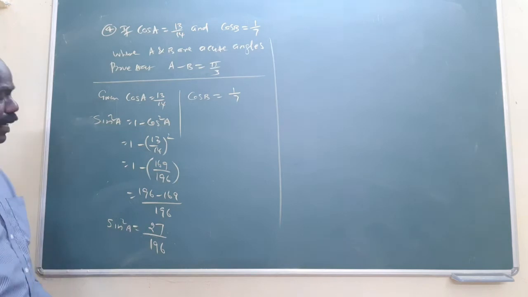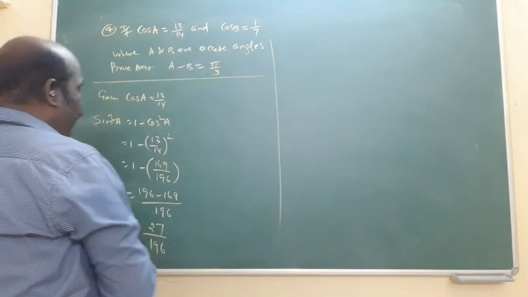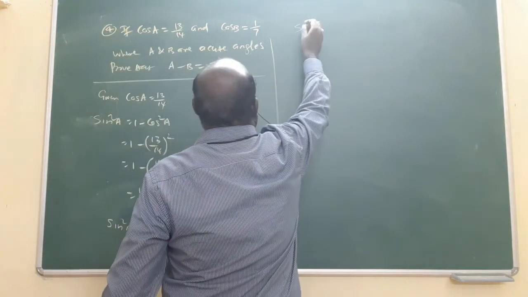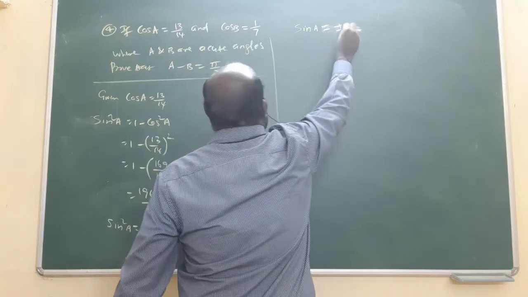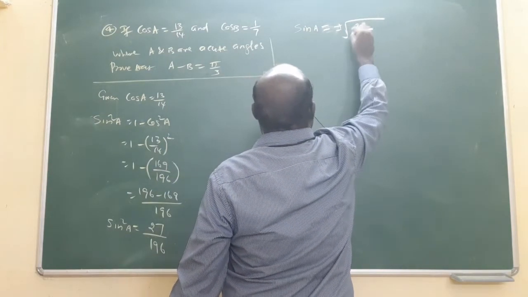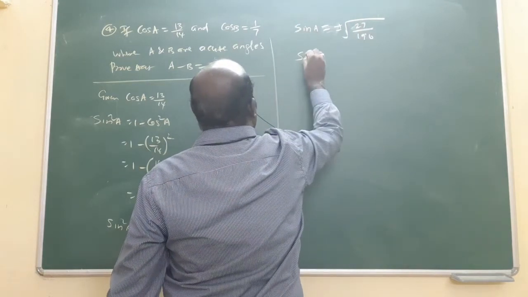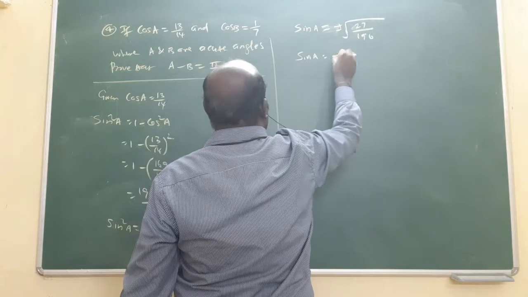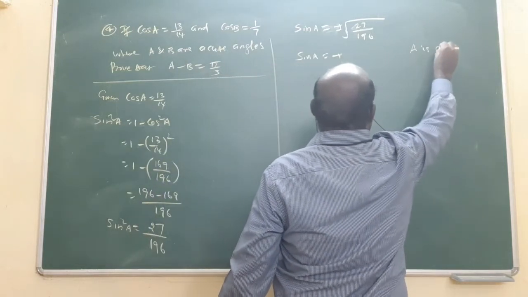We want sin A. But sin A is equal to plus or minus root of 27 by 196. Next, sin A is equal to only positive. What is the reason? Since A is an acute angle.